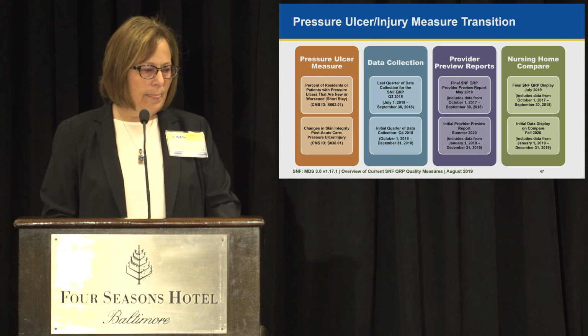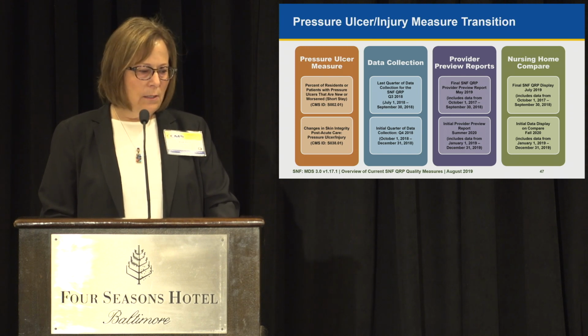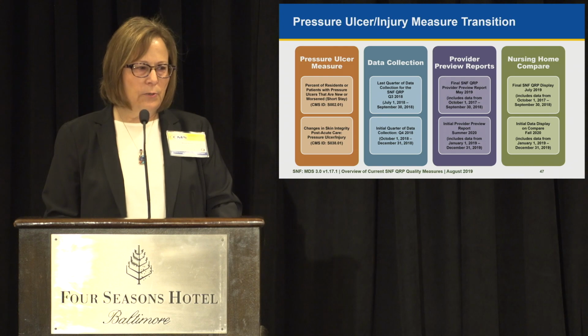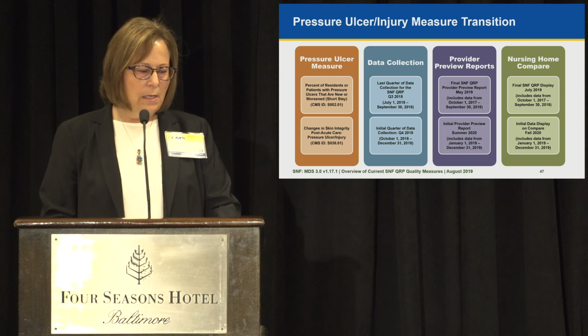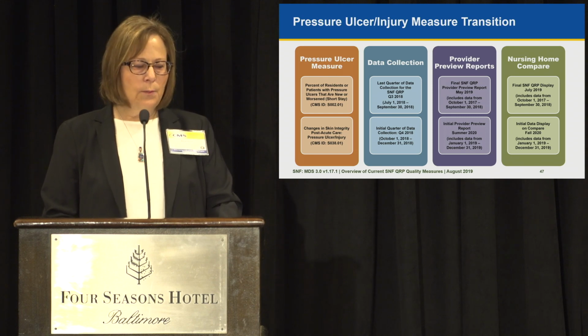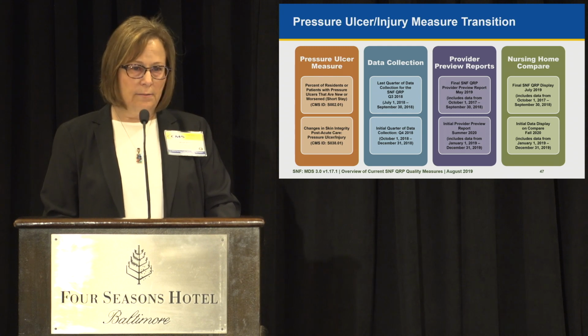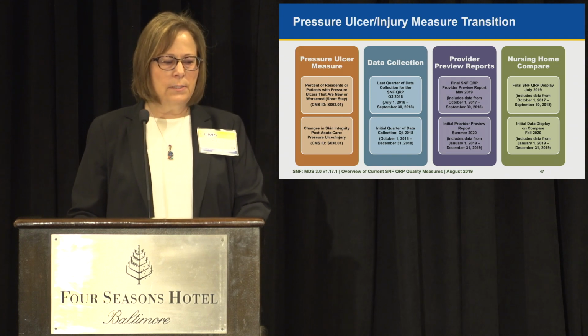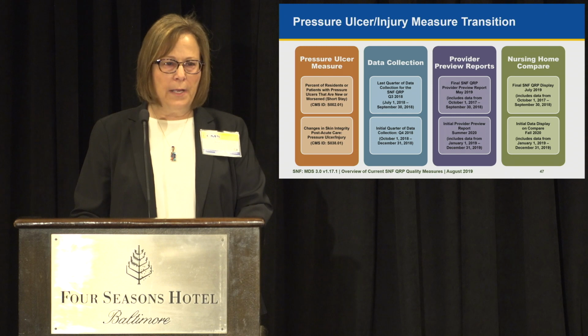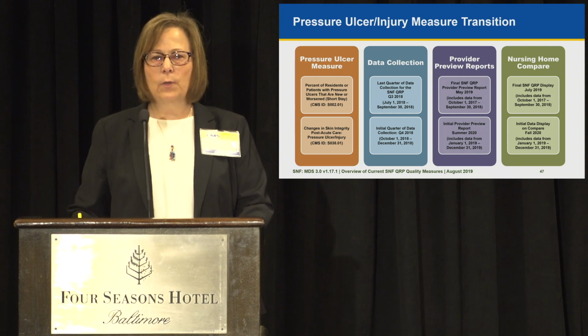That measure was replaced with changes in skin integrity post-acute care pressure ulcer injury, where data collection began on October 1st of 2018. You'll see it on your first provider preview report in the summer of 2020. Not 2019, but 2020. And the initial data display on Nursing Home Compare in the fall of 2020.